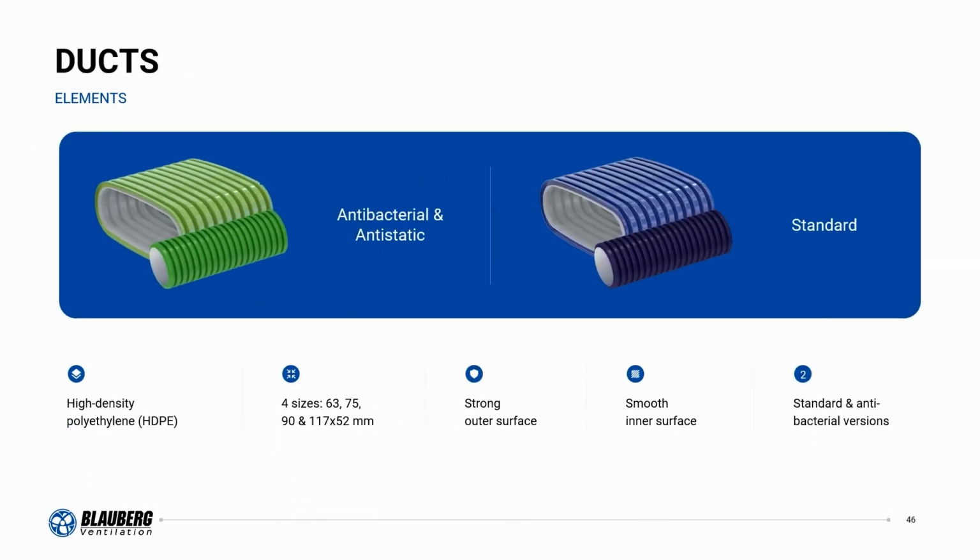The ducts are manufactured using the co-extrusion method, which creates two layers: a durable corrugated outer layer and a smooth inner layer. Standard and antibacterial ducts are available.